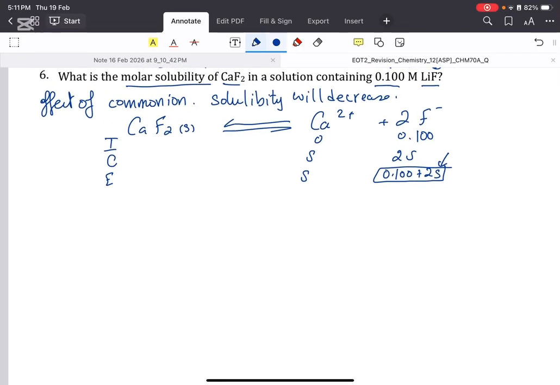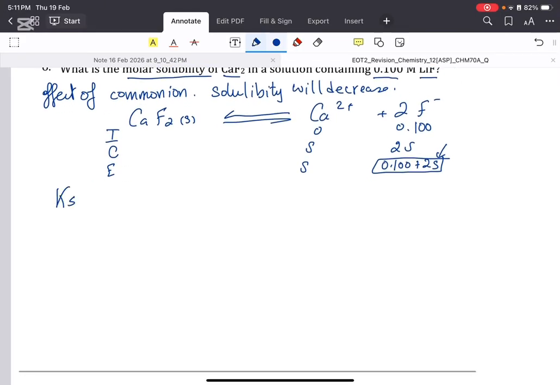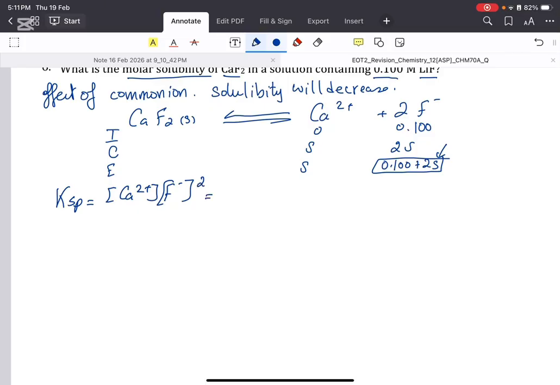So as we are solving, I'm going to ignore or cancel this S over here because it's going to be a very negligible value. So KSP is equal to calcium concentration multiplied by fluoride concentration squared, which is equal to S times 0.100 plus 2S, squared.